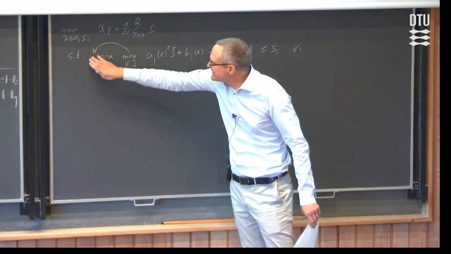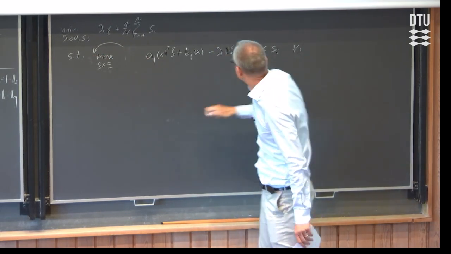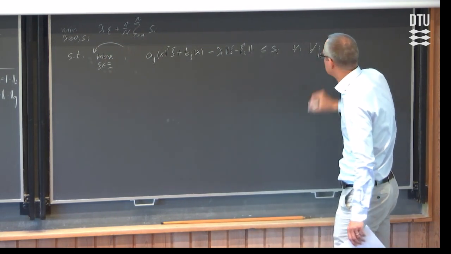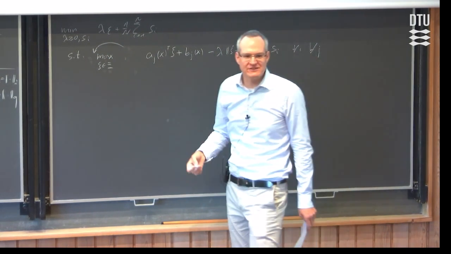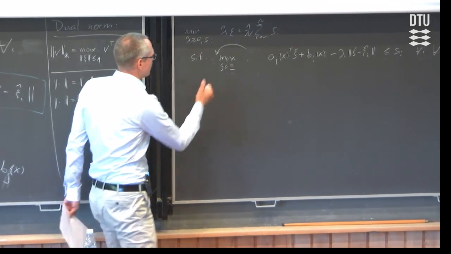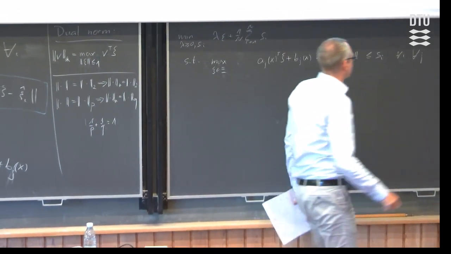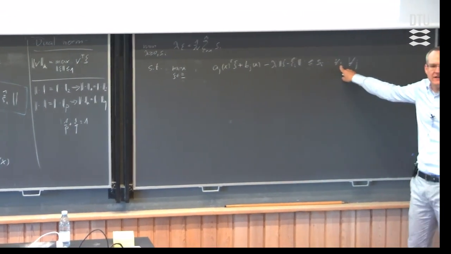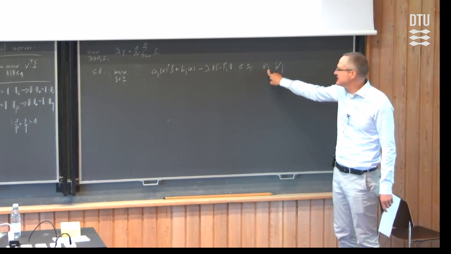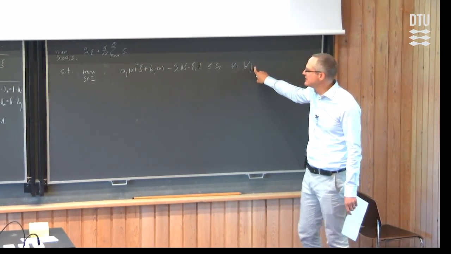I can drop this maximum over j and just write for every i and for every j. That's the argument with the buildings in New York. This is okay because the i's enumerate the samples, which are finitely many, and the j's enumerate the pieces of the loss function, which are also finitely many.